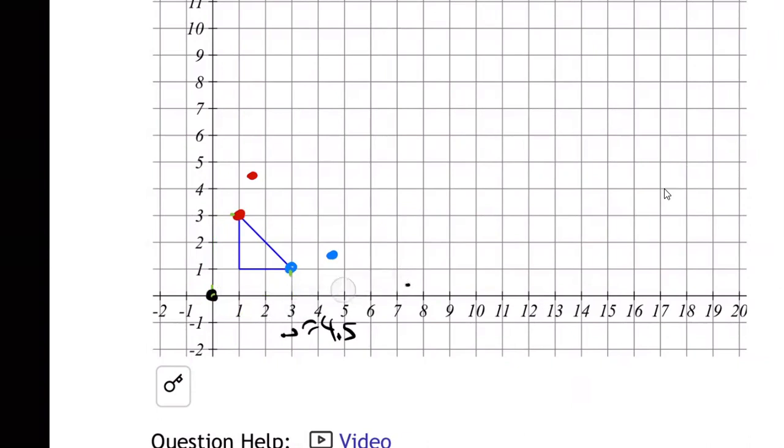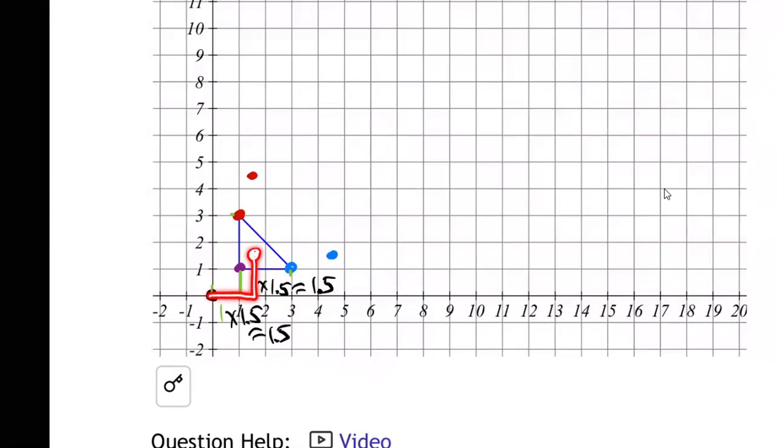And now one more. And that is right here. That one is over 1 up 1. So multiply both those by 1.5. That's pretty easy. It's just going to be 1.5 and 1.5. So the new arm is going to go over 1.5 up 1.5. It's going to be right there. You see how that works?